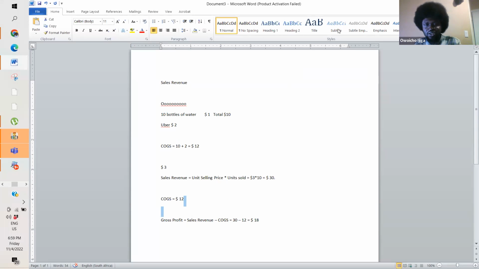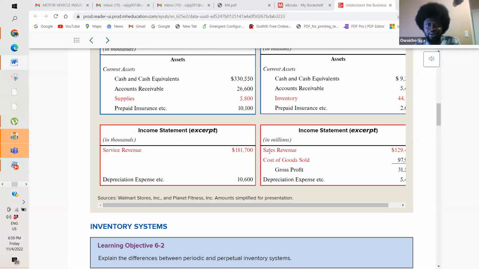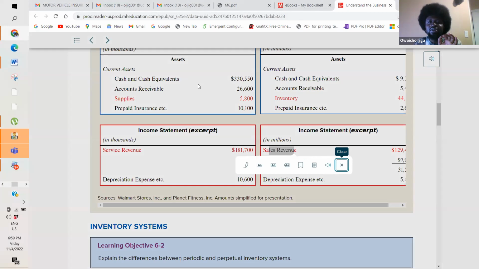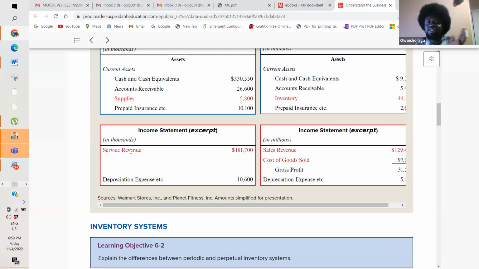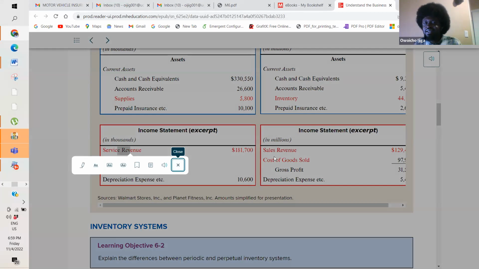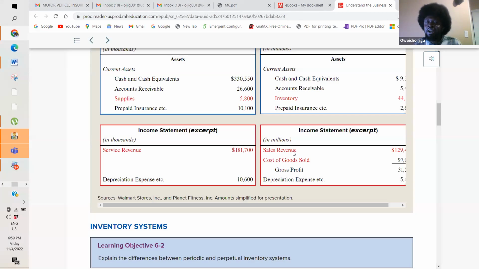We will still come back to this, but let's just go into something else. That is what is happening here. In the income statement, we can see two terms, sales and service. Service revenue is for servicing companies, and sales revenue is for merchandising companies.